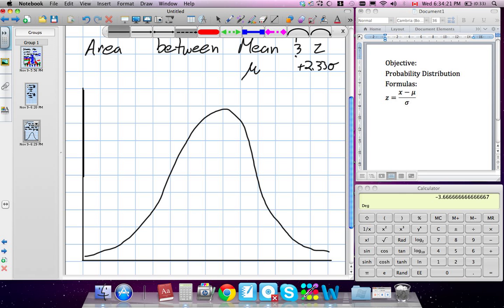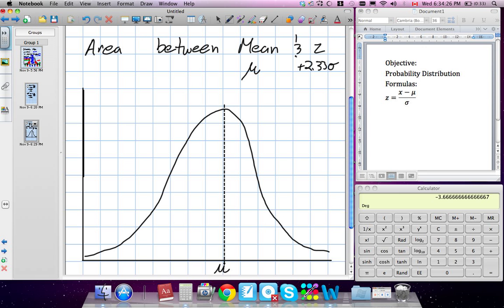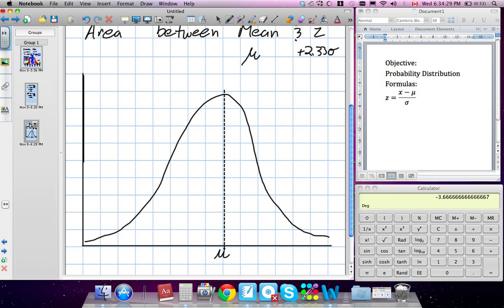So what they're saying is all of the area in here is equal to, what did we just say? What did they say it was? 2.33 was 49.01. Okay, so we discovered it to be 49.01, so essentially 49%. So what that's saying is 49% of the class is getting between 50 and 57, okay?